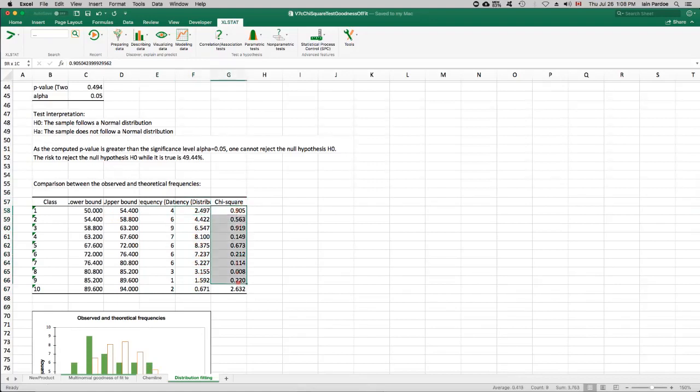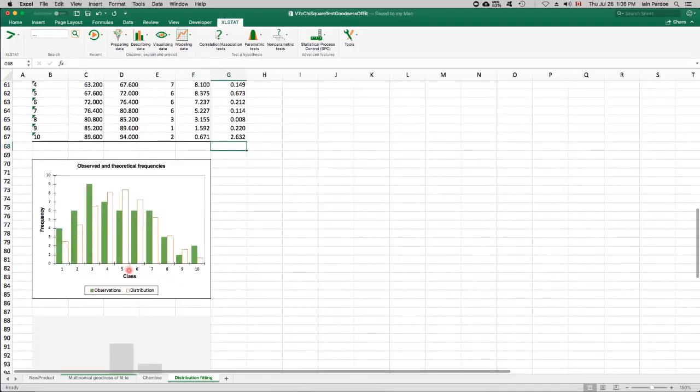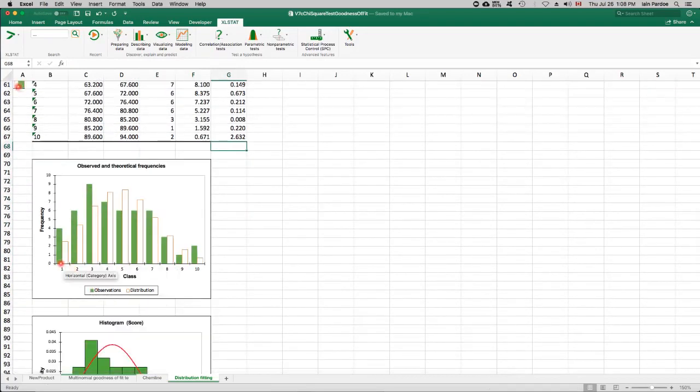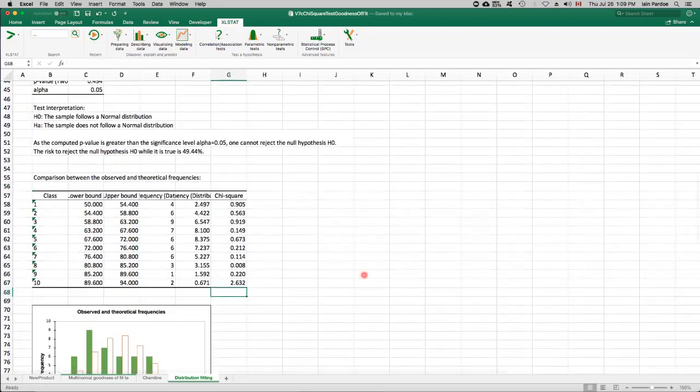But it looks like the end result was pretty much the same, that the chi-squared values added up to 6.4. And then here's a bar graph showing you the observed frequencies in green, and the white bars with a red outline are from the normal distribution, and you can see it's pretty close. Okay, so that's the chi-squared test used as a goodness of fit test in 2 different contexts, for a multinomial and for a normal.